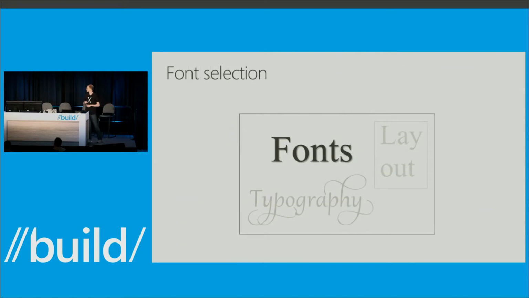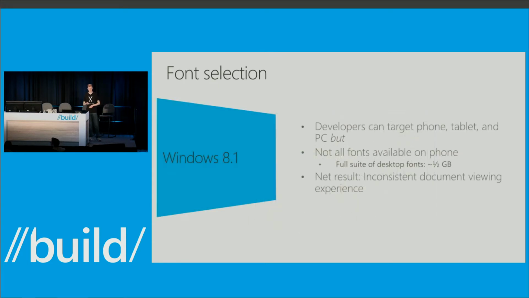Let's take a moment and actually talk a little bit about fonts now. Now, in Windows 8.1, we had an API set that allowed you to target both the phone and the tablet and the PC. Now, this was a very consistent API, but APIs aren't the whole story.